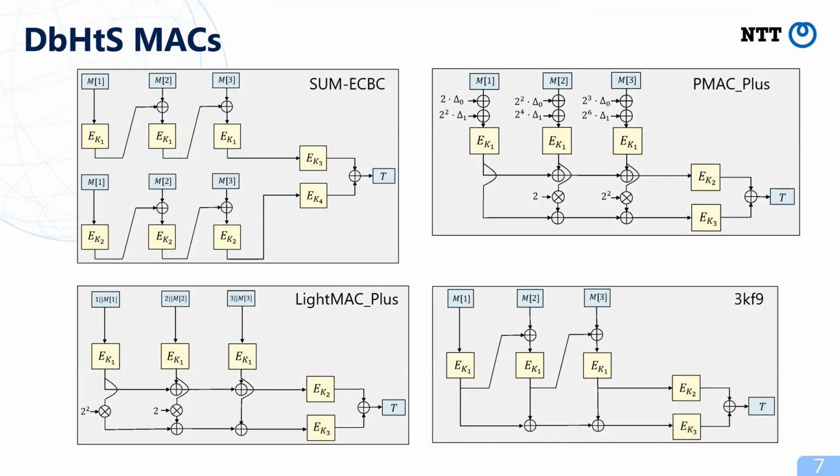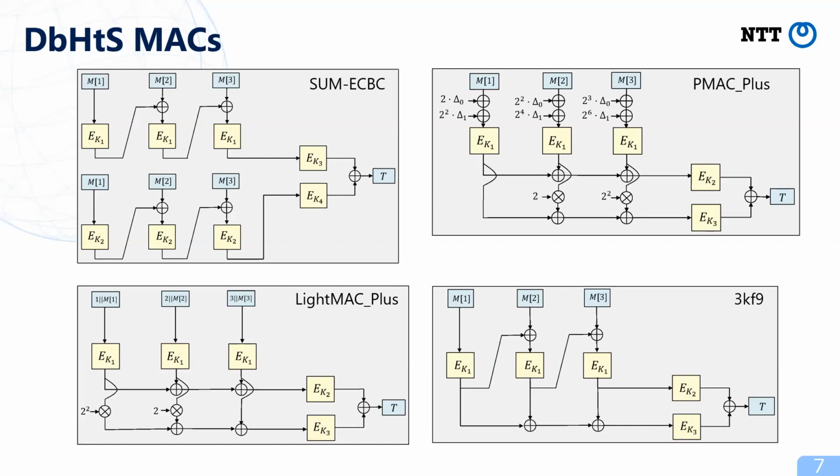You see SUM-ECBC was the first of its kind. It's like two encrypted CBCs that you just XOR at the end to get the tag. PMAC+ and LightMAC+ have some parallelization going on, where you have one block cipher call per block of message and some field multiplication. And then 3kf9, it's also some encrypted CBC, and you just XOR the output of every step to get the tag.